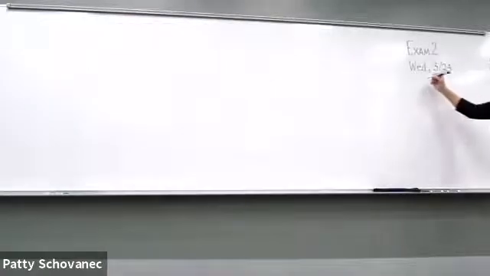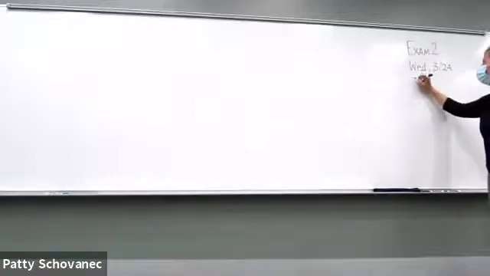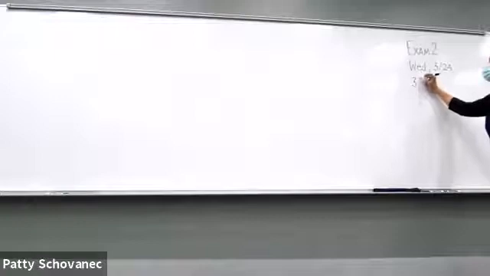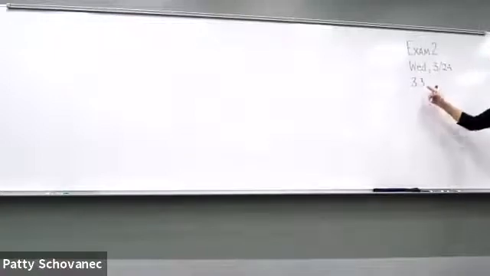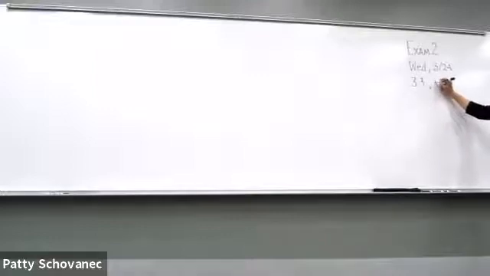The test starts with section 3.3, where we learn the derivatives of the other functions. And then we had the stuff with motion moving along a number line with the velocity and acceleration. That was in section 3.4.